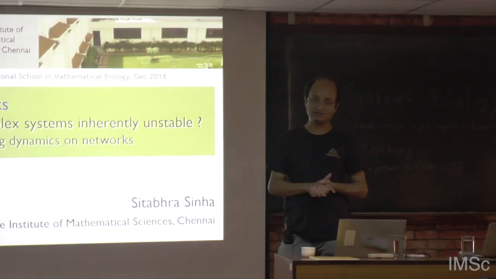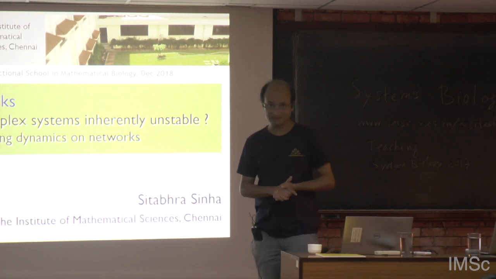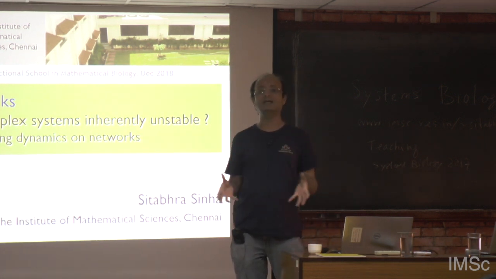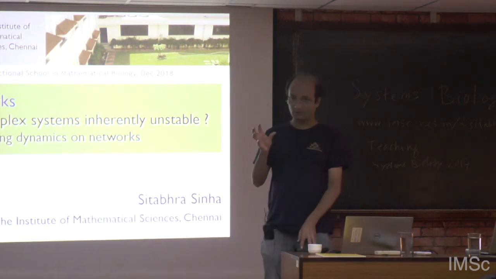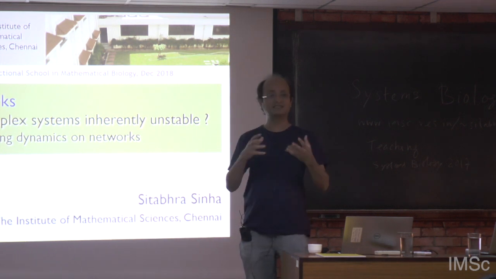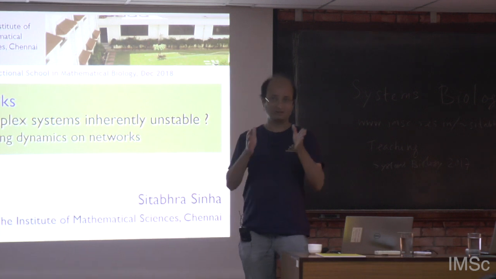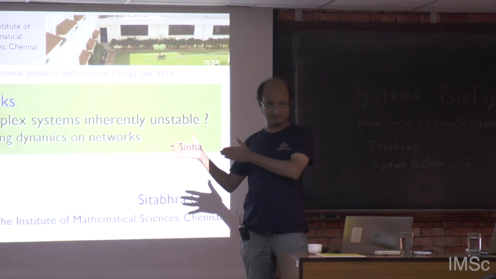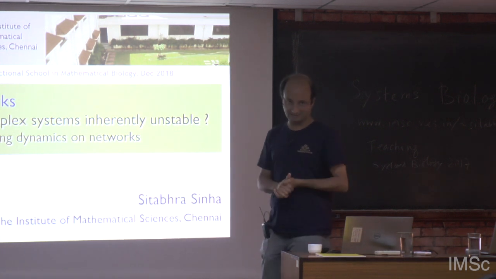When we talked about the preferential attachment model for generating scale-free networks, we were talking about a model which incorporated this dynamics of networks. You started with a single node, then you started adding more nodes, more links. So essentially it was the network itself which was evolving. This time varying aspect of network structure is what we are describing as dynamics of networks.